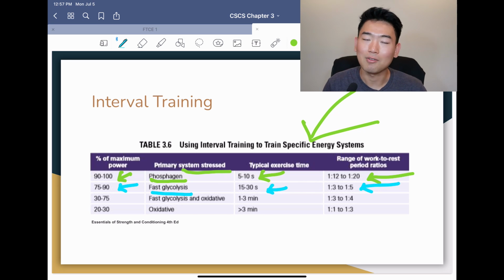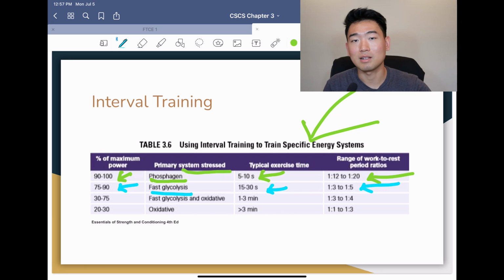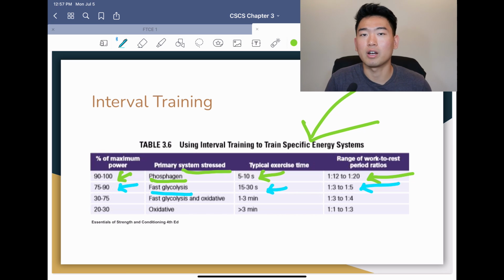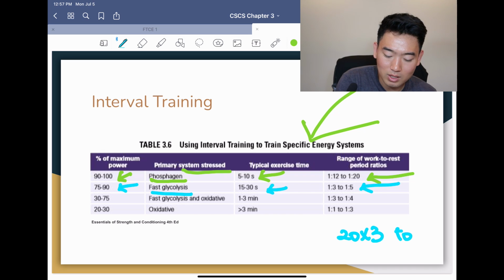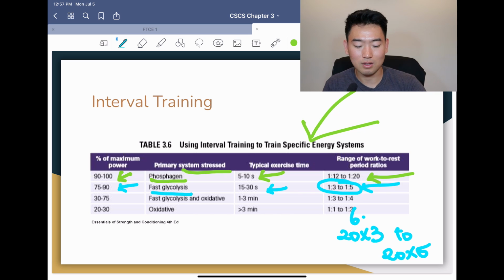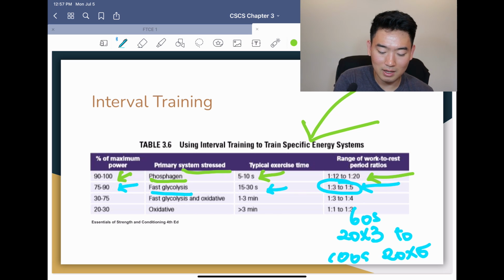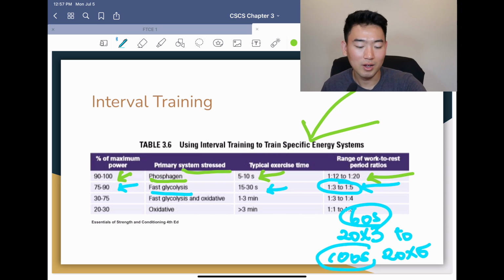Okay, after he does that, if we're using fast glycolysis as an energy system, he needs to have a break, whether that's just jogging lightly or however he takes a break during the game. If he brings the ball up the field for 20 seconds, he needs a break of 20 times 3 to 20 times 5, so that's either 60 seconds or 100 seconds. Okay, so just remember that number.